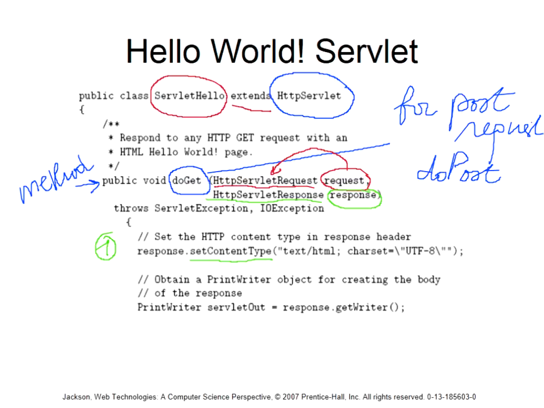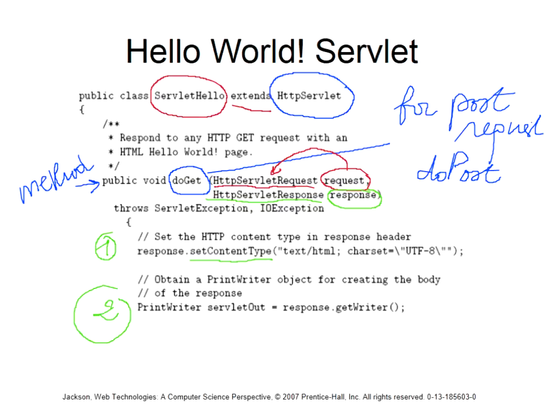Okay, second step here, we have to prepare a PrintWriter object for creating the body of the response. So in Java, when I prepare a normal class, a desktop application, for example, and I want to display my result on my screen, I have to write what?